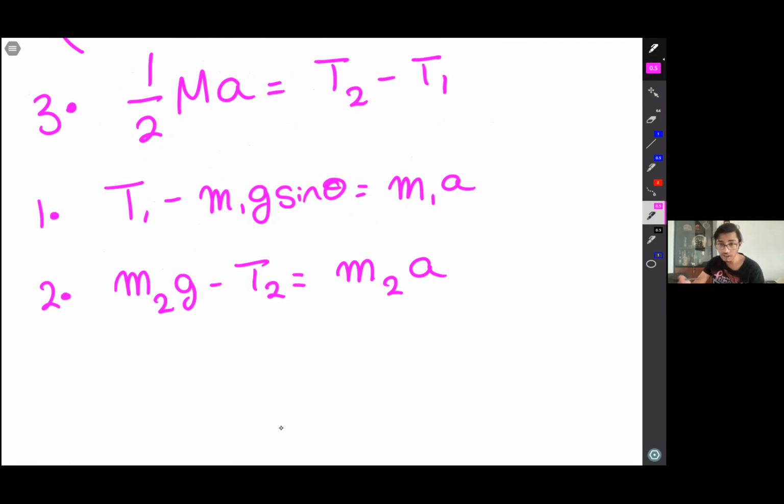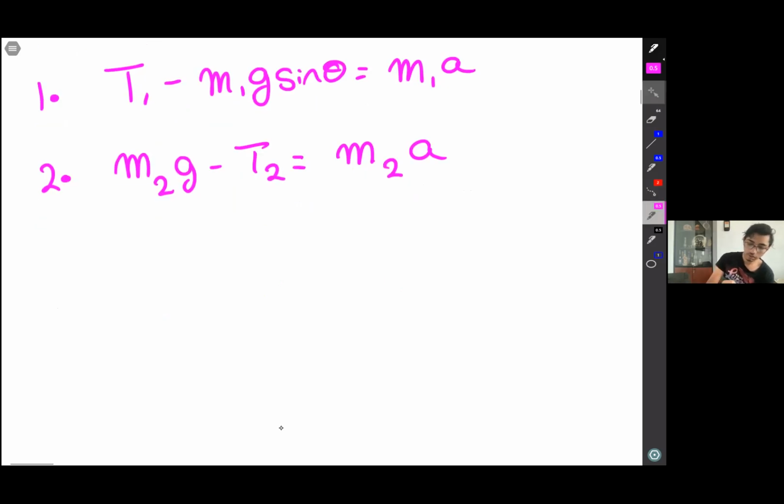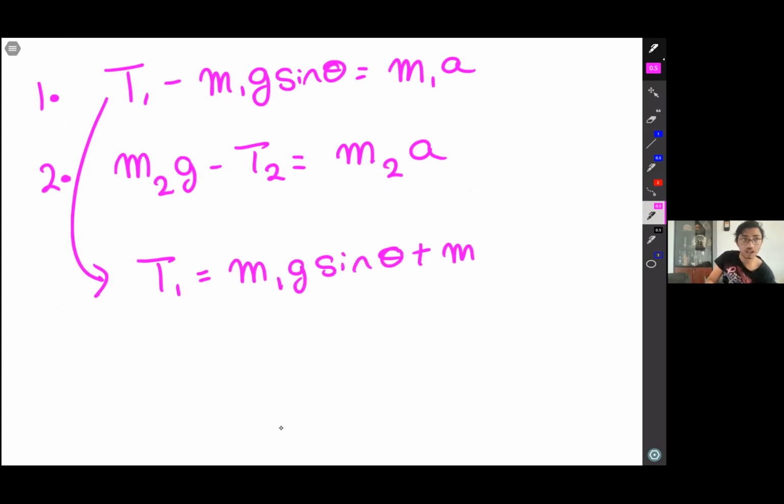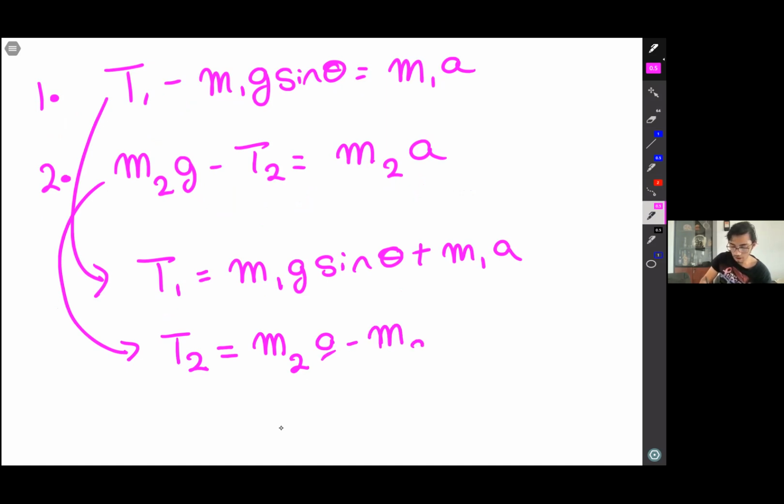So let me get rid of the tension variables. T1 can be written as T1 is equal to M1G sine theta plus M1A, which is great because now we can get rid of the T1. Likewise, we can do this for T2. T2 will be equal to M2G minus M2A.